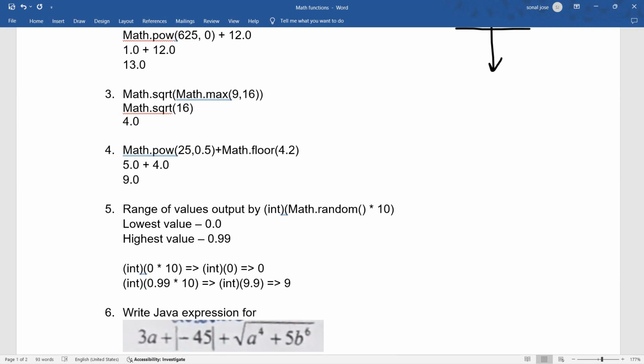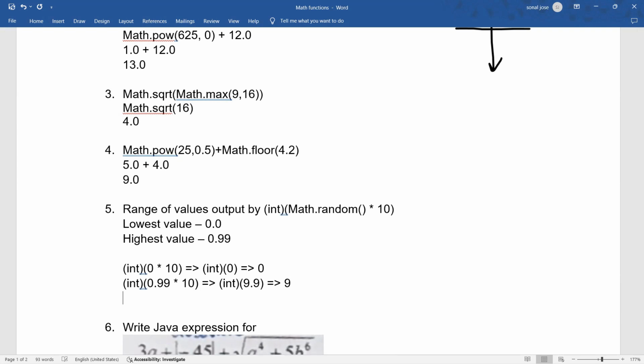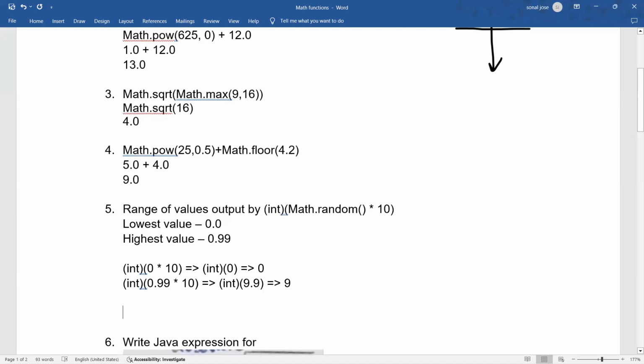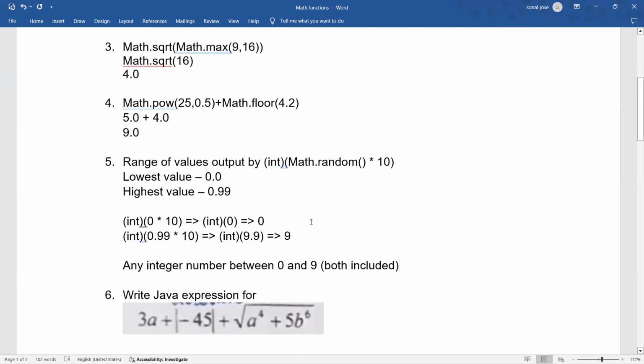Int means only take the integer part, and that will be 9. So the range of values given by this will be any integer number from 0 to 9, and both are included. That is how you will solve these math.random questions.